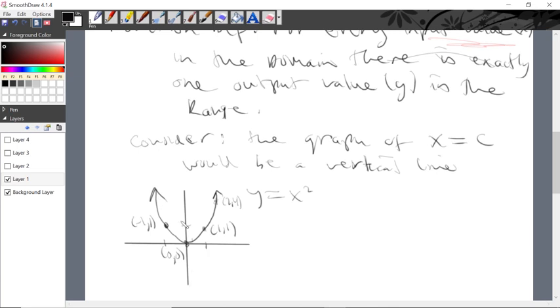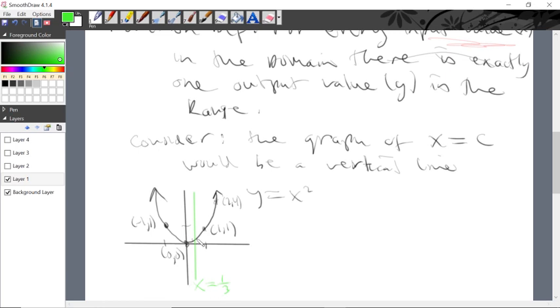Does this graph represent a function? Well, the test we apply is to choose a value of x, and for that value of x, draw a vertical line. The equation of that vertical line would be x is equal to that choice that we made. For instance, maybe this is x is equal to 1/3. It's a choice of an x value, so we're choosing an input value.